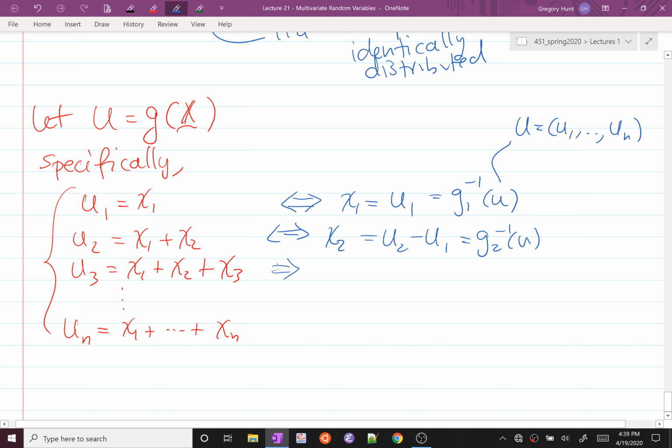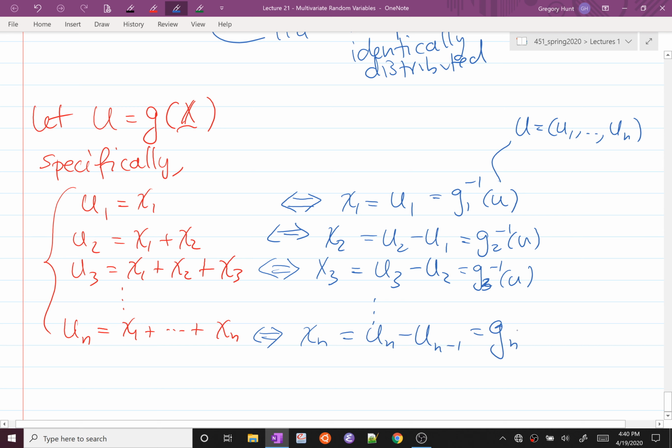And I can continue playing this game. If I want x3, I could take u3 and subtract off u2. That would give me back x3. So this would be my third component of my inverse function. And all the way down, something similar to x sub n, which is u sub n minus u sub n minus 1.